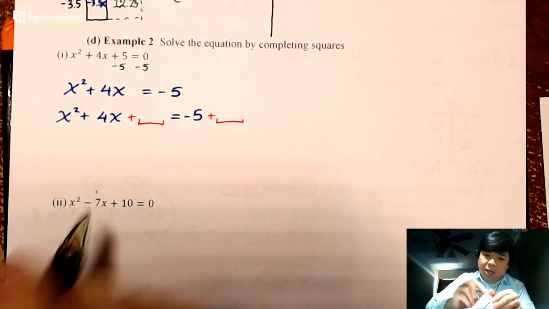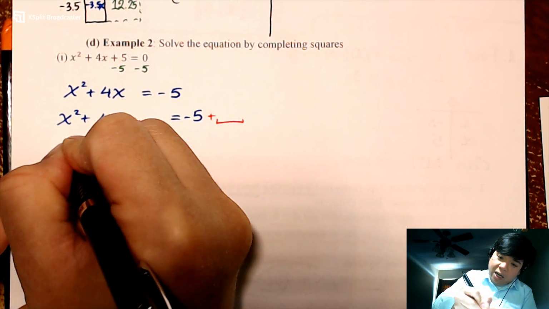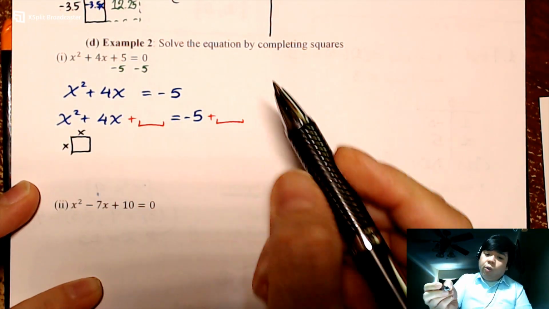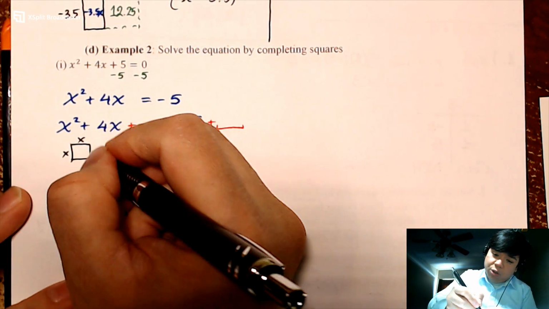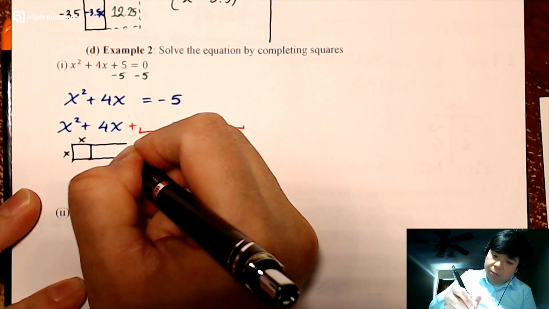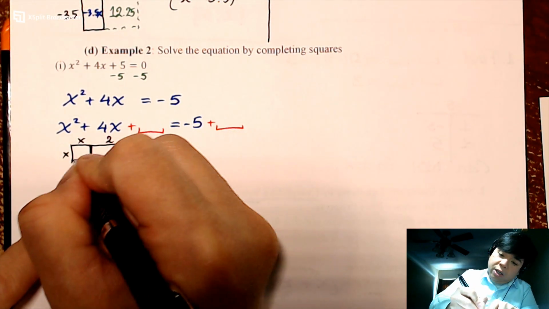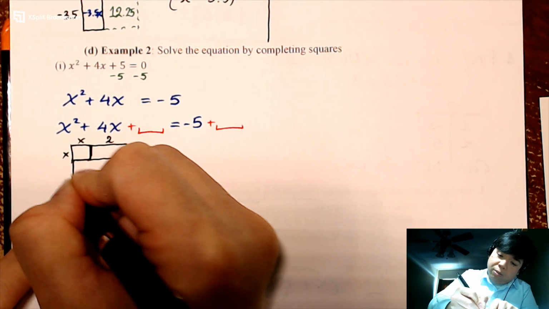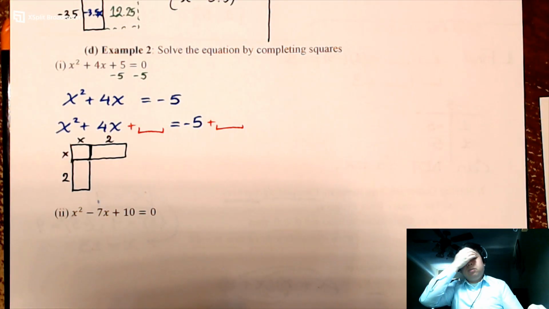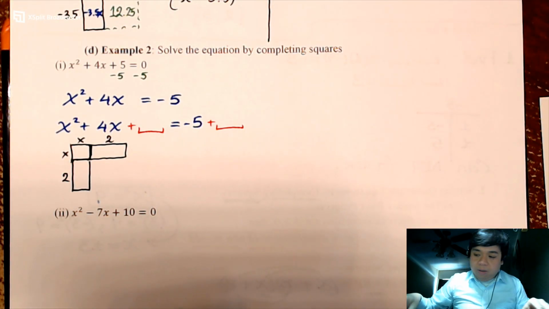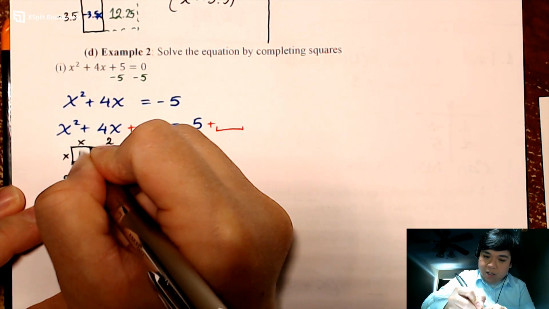So x squared, that is the little square here, x by x. 4x is 2x and 2x. So break that down into x by 2 and x by 2. So we have this area is 2x, this area is 2x, and this is x squared.